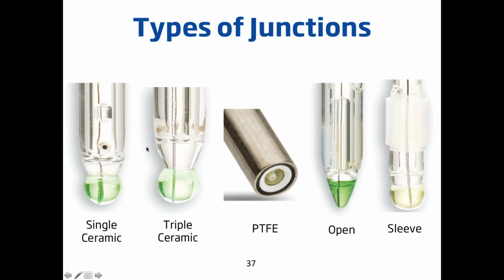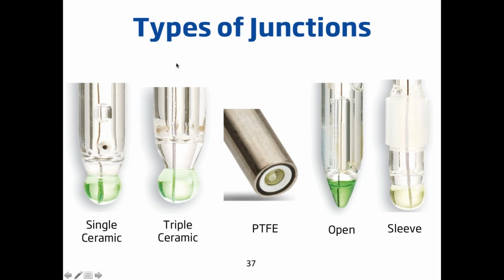If you have a liquid sample that doesn't have any solids, such as pure water, a single ceramic junction might be okay. However, if you're working in samples that have pulp, like an orange juice, or have some microproteins or fats, this ceramic plug can get clogged. If that junction becomes clogged, then we can't connect our circuit and our electrode stops working.